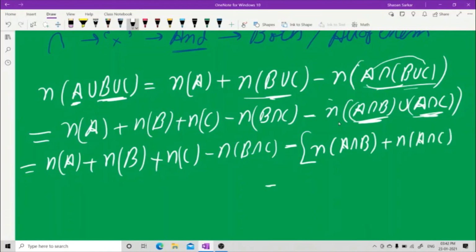Then you have minus n(A ∩ B ∩ C), this whole stuff inside the brackets.